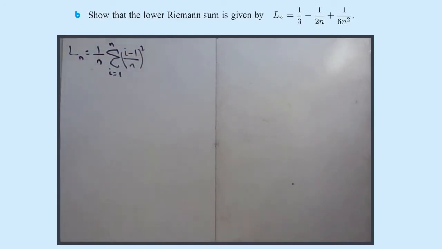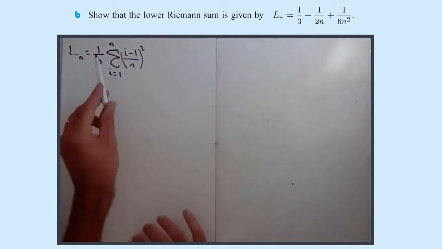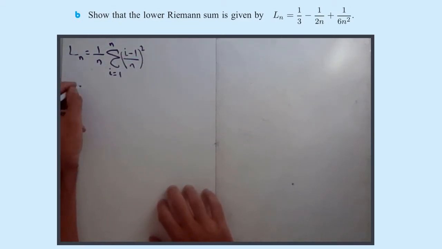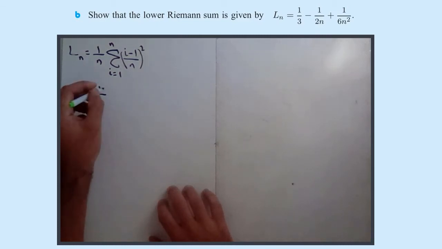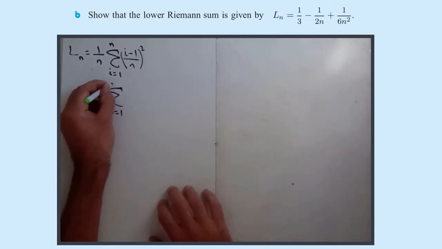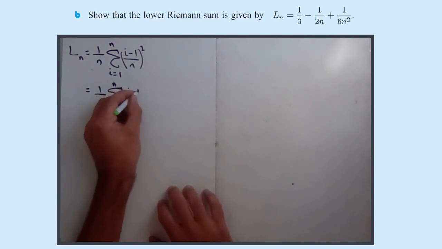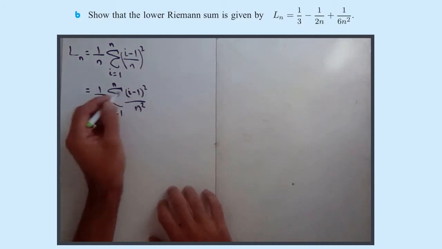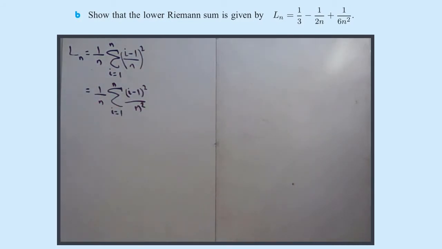So we can simplify this a bit: i minus 1 squared over n squared equals 1 over n times the sum from i equals 1 to n of i minus 1 squared over n squared. And now we can do even more because we're dealing with an i counter.